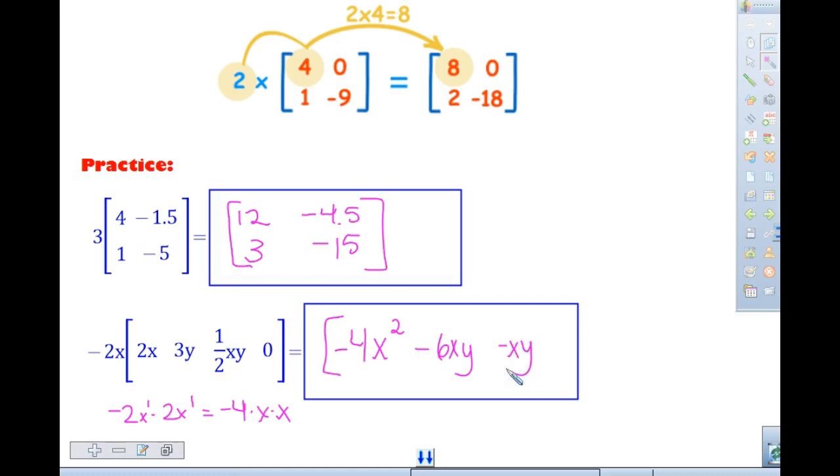Why not just negative xy? How many x's did you multiply? Right, you did negative 2x times 1/2 x and y. The negative 2, I agree, that's going to give us a negative 1. X to the second y. Okay? And then our last one is 0. Okay?